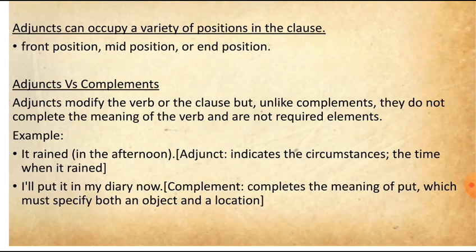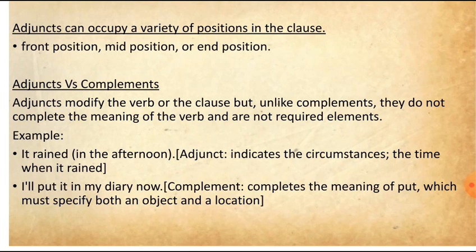not complete the meaning of the verb, and adjuncts also are not required elements. For example, it rained in the afternoon. So in the afternoon is an adjunct because it indicates the circumstance, the time when it rained.